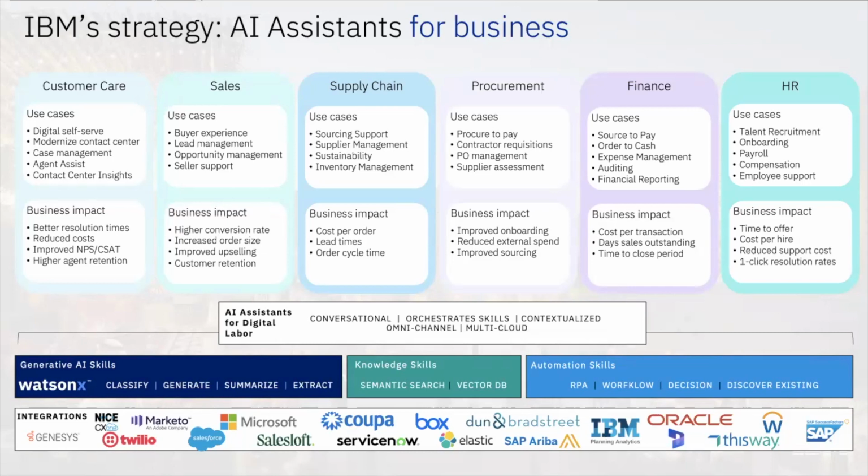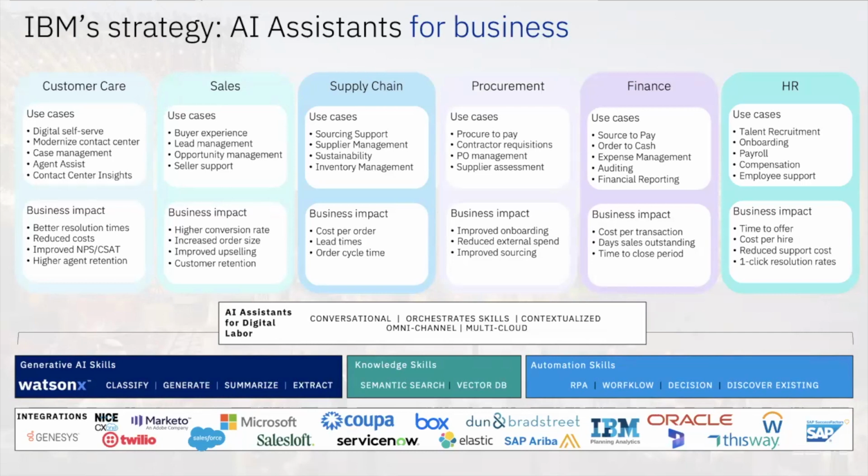And the HR, which is one of the use cases that I started with, in talent recruitment, and many more areas like payroll, compensation, employee support. If you have an employee about to retire, what are the ways the company can appreciate his end of service? It might send him offers, tell him about his retention plan, and so on and so forth.